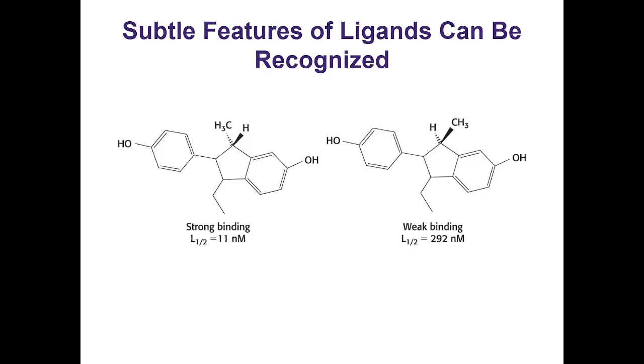Okay. And what you can quickly see here is that this right here has strong binding, and the only difference between these two is that the hydrogen and CH3 are on different sides. That's it, right? Okay. This, on the other hand, has an order of 29 times almost worse binding, right?